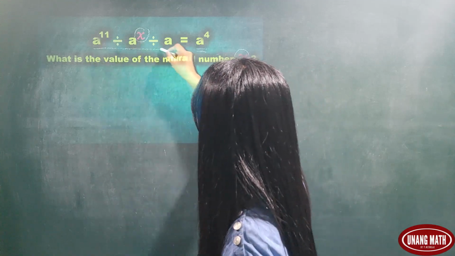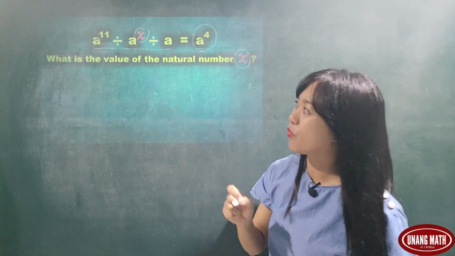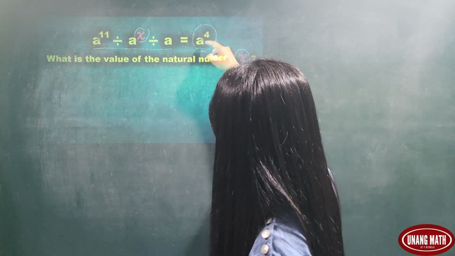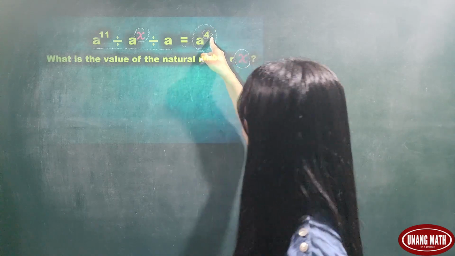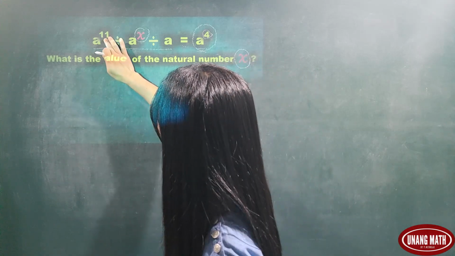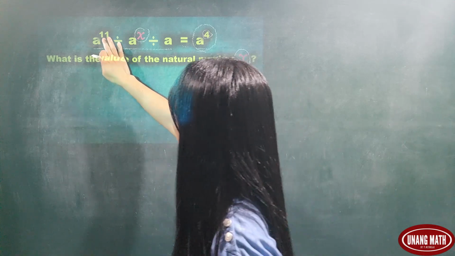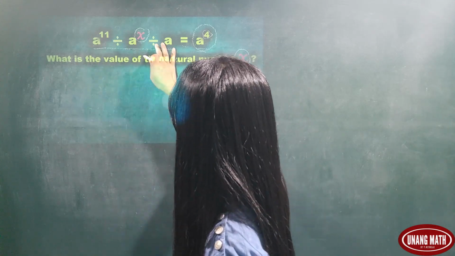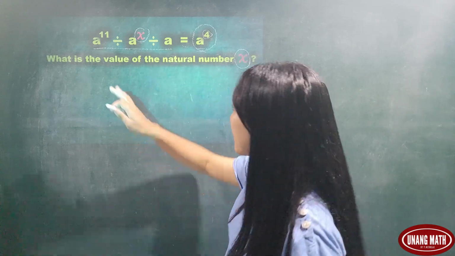This one is equal to a raised to the power of 4. Since the exponent of a is 4, and x is a natural number, that means this exponent 11 is the highest exponent. So, this is division, and our bases are the same.